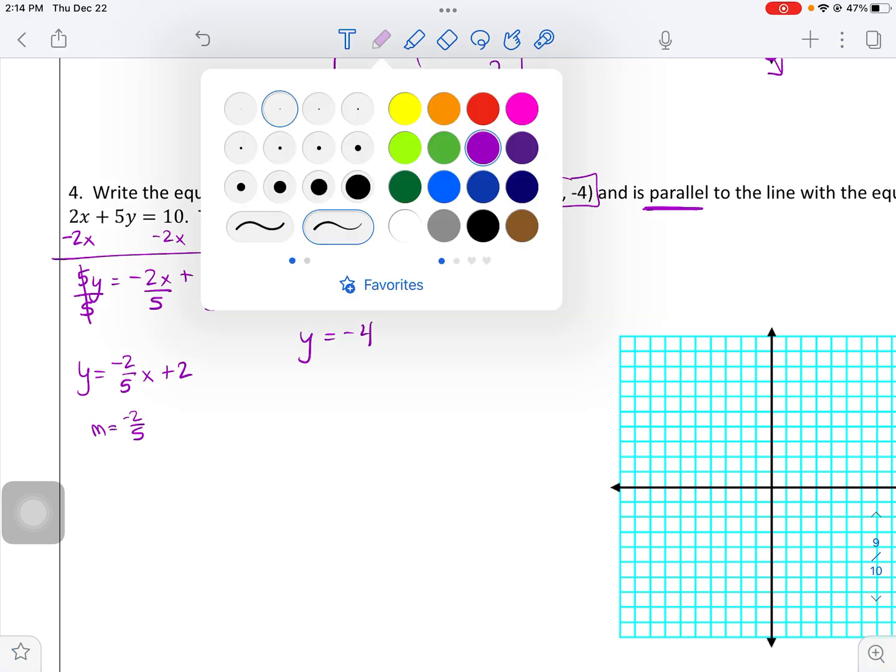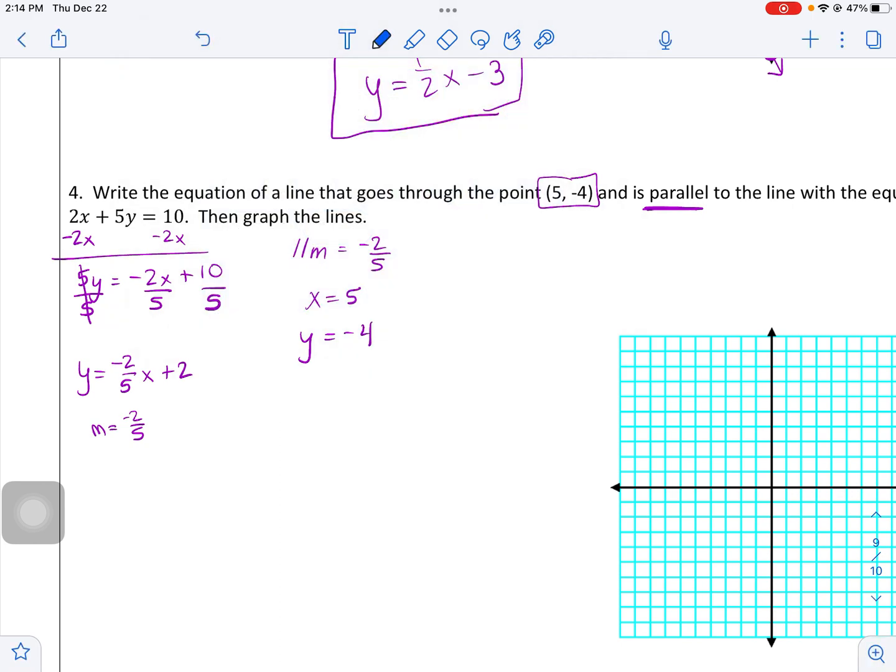Let's write that equation of a line. Remember, y equals mx plus b is my goal. Y is -4. My slope is -2/5. X is 5 plus b, I don't know it. I got to multiply. I get -2 plus b, add 2. -2 is equal to your b.